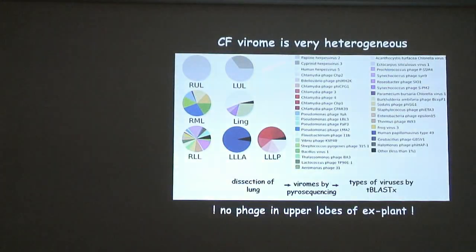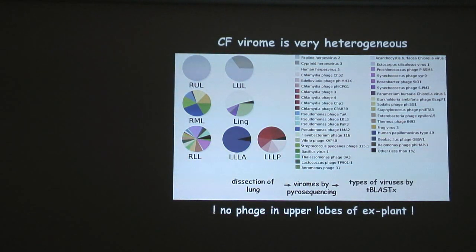Basically, there are no viruses there. We see no phage. The only viruses we're picking up essentially are herpes-like viruses. Even though when you look at them under the microscope, there's tons of bacteria in there. So this microbial community is not functioning normally. We don't have this turnover of the viruses versus the phage.